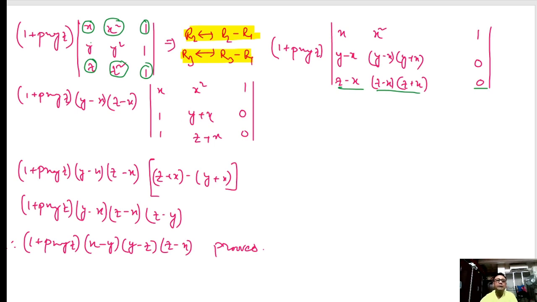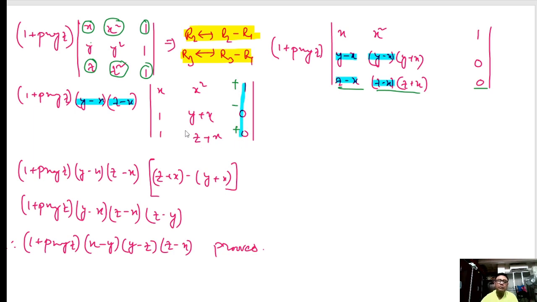Now see, we can take common Y minus X from the R2, Z minus X from the R3. So these are the commons, and this is our determinant. Now expanding along the third column, because we have got 1 0 0 in this part, so it will be plus minus plus.